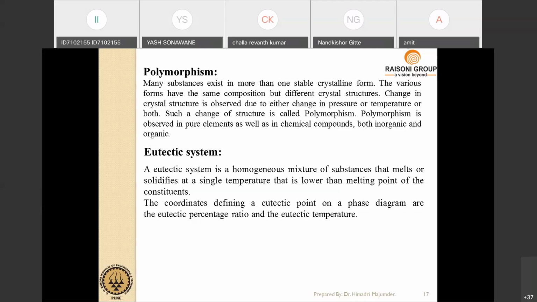A homogeneous mixture is a mixture in which the composition is uniform throughout.